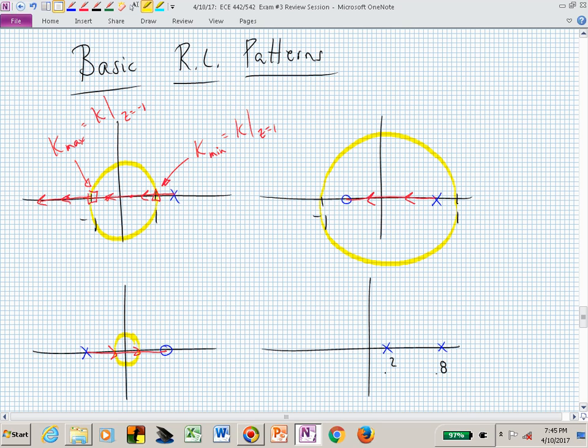Now my minimum gain is found at what value of z? I would evaluate my K expression at z equal to -1. That's the minimum K. The maximum K would be evaluating the K expression at z equal to 1. Is that clear?